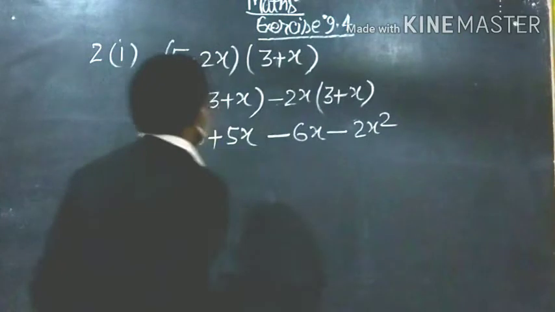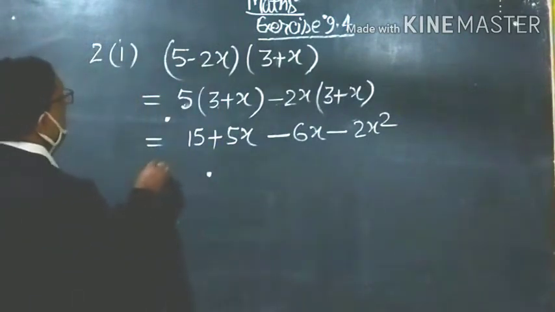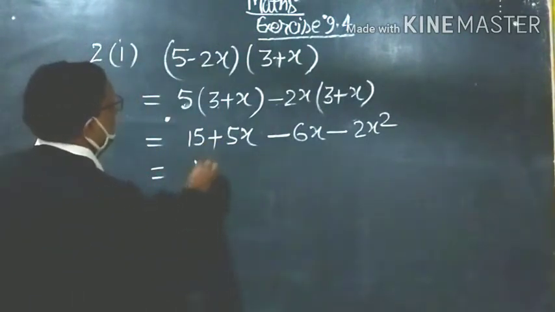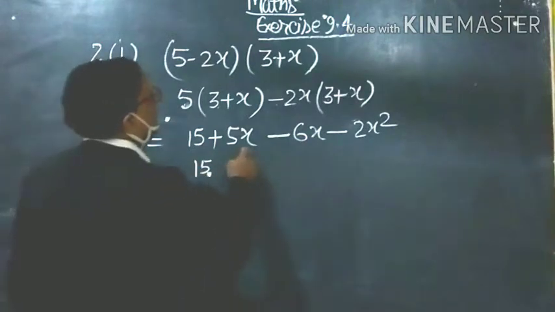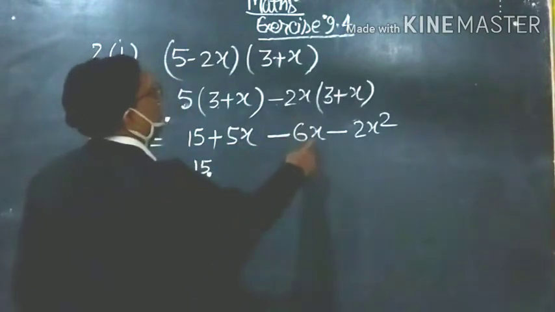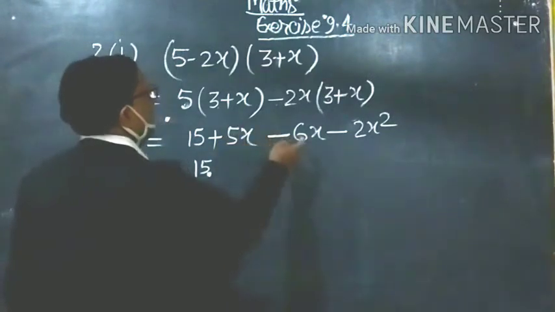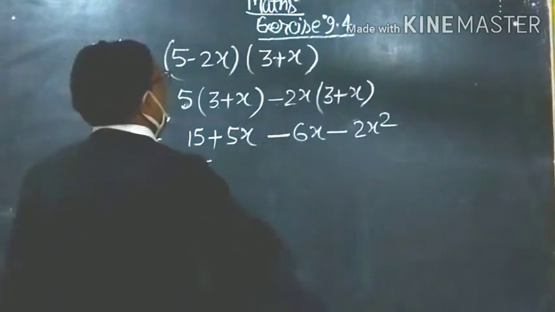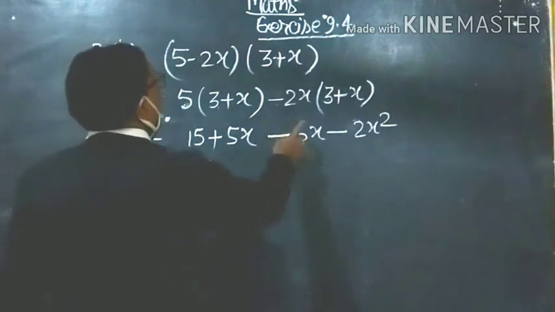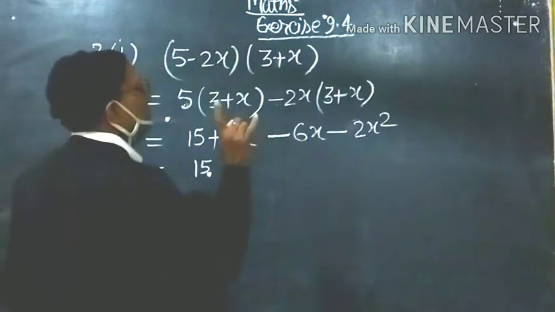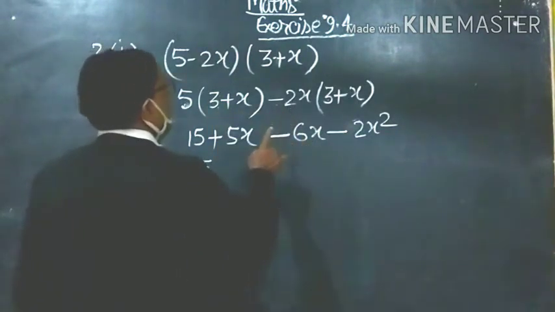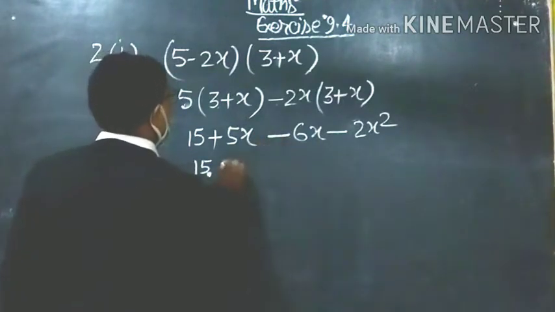2x square. You get 15. Here is plus 5x and minus 6x. Both are like terms, but their signs are different. Then they will be subtracted. 6x minus 5x, 1x, and that sign is minus.